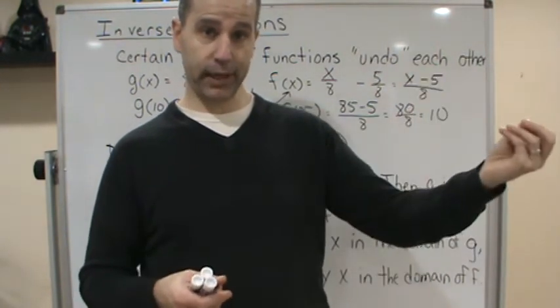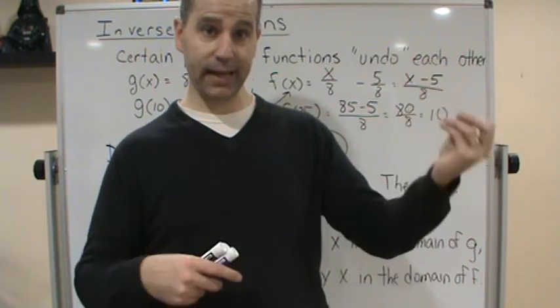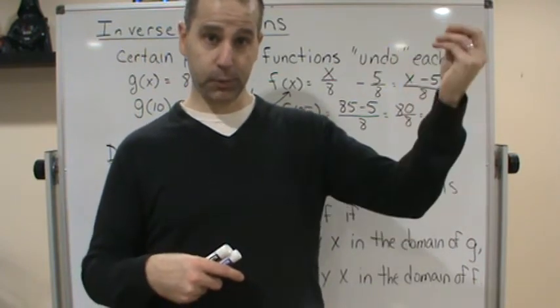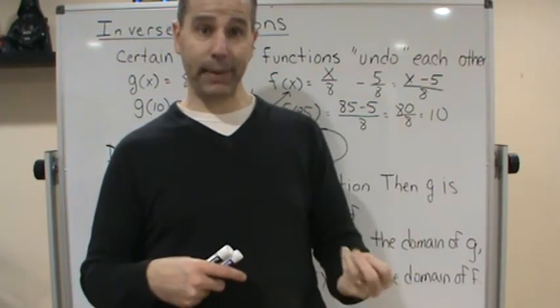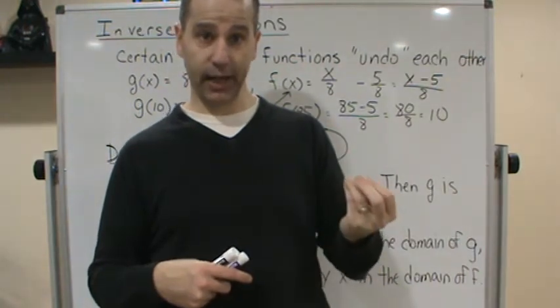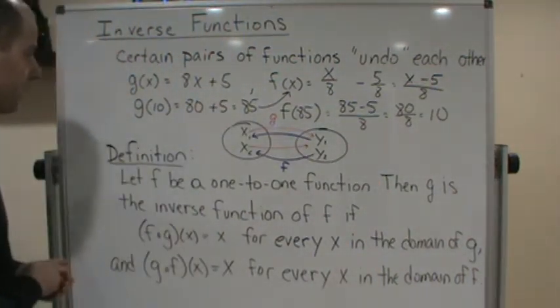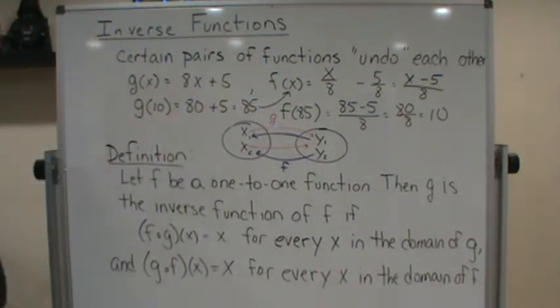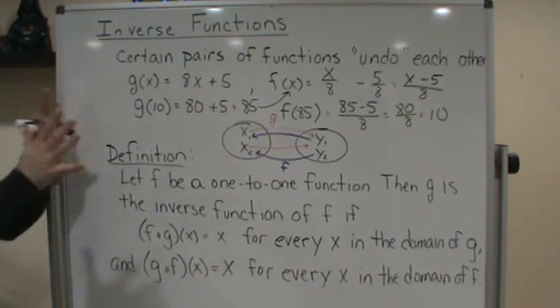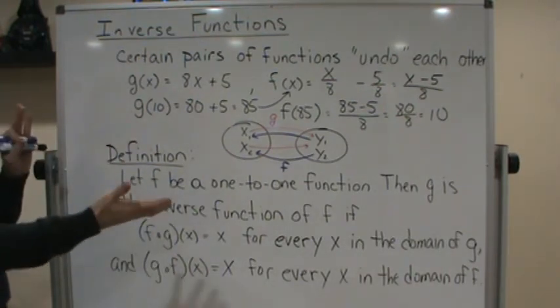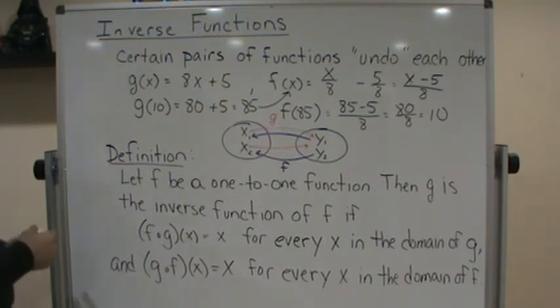If we multiply a number by 2 and then divide the product by 2, we get right back to what we started with. It was unchanged. Same thing with inverse functions. They undo each other. I'm maybe over explaining that, but I want to make sure you understand what it is. So here's the definition.